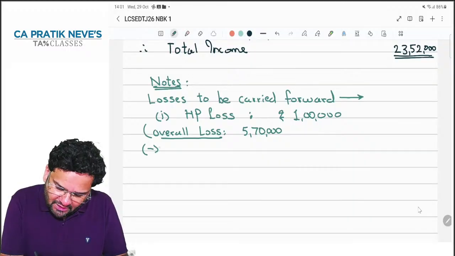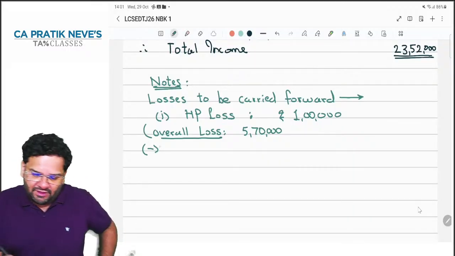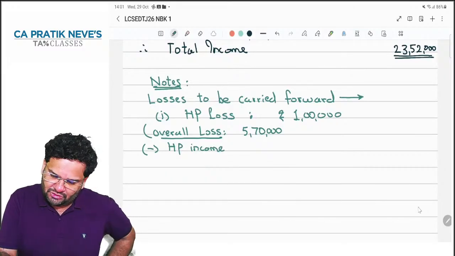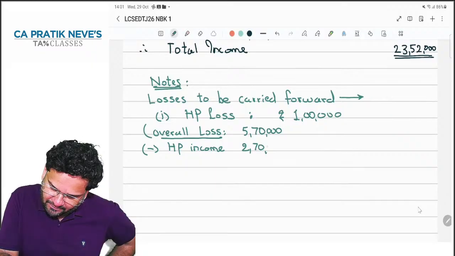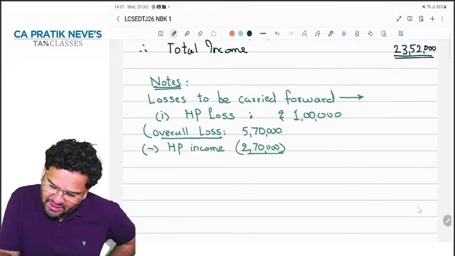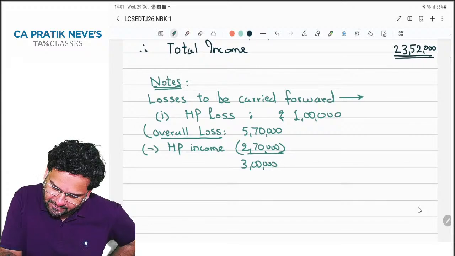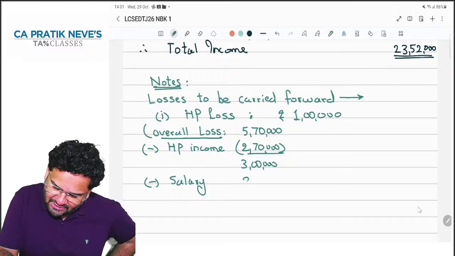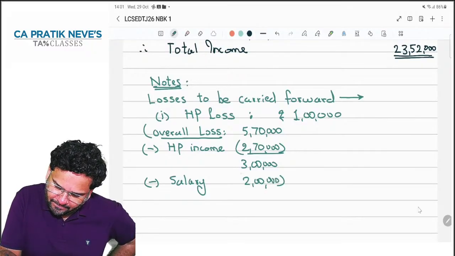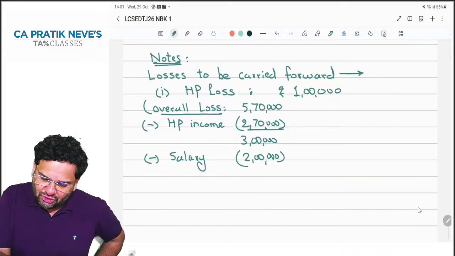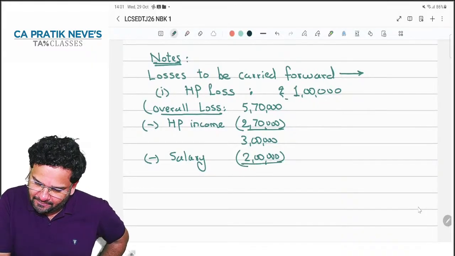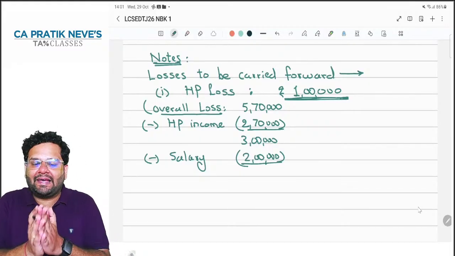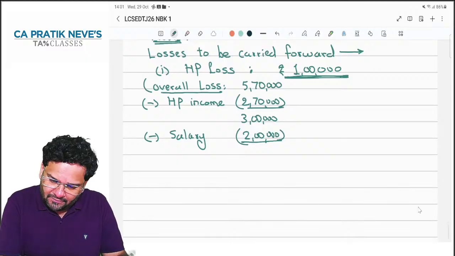Out of 570, for HP income you used 270. Still remaining was 3 lakhs. You used against salary 2 lakhs. So that's why remaining is 1 lakh. HP loss remaining is 1 lakh. That will be carried forward.